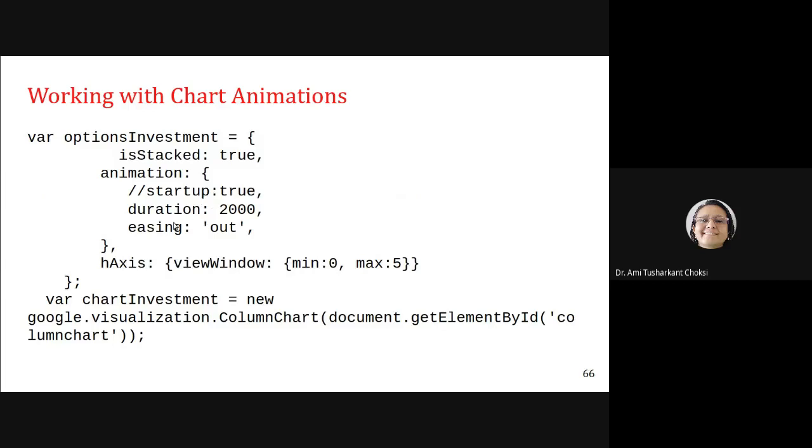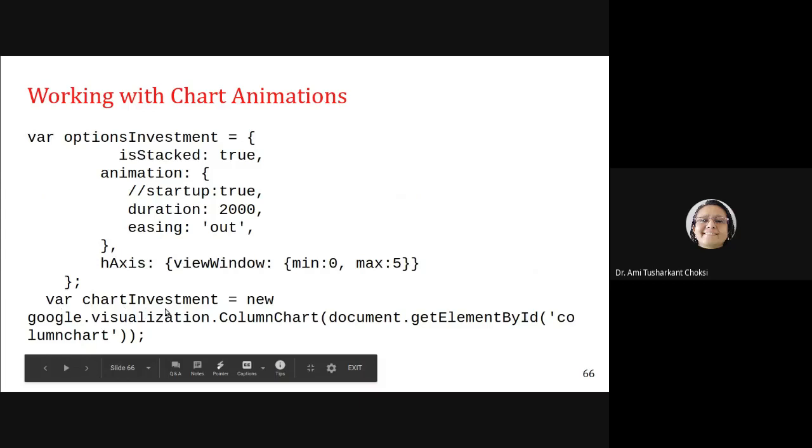Okay, so let's say that for animation we are setting the properties. For horizontal axis, what we are saying is viewWindow, where we'll be having minimum as 0 and maximum as 5. For horizontal axis, we are specifying minimum and maximum values.